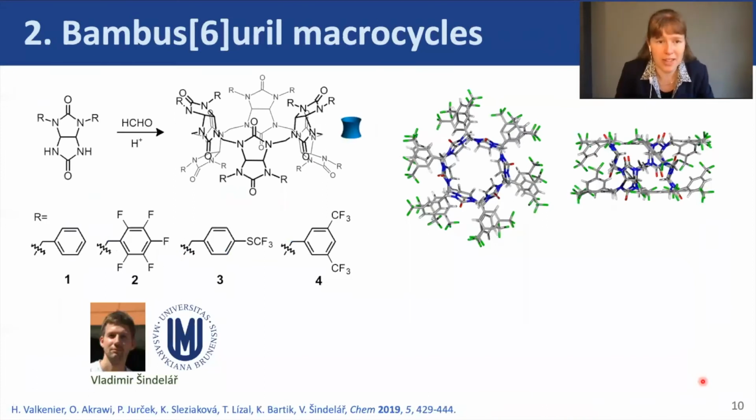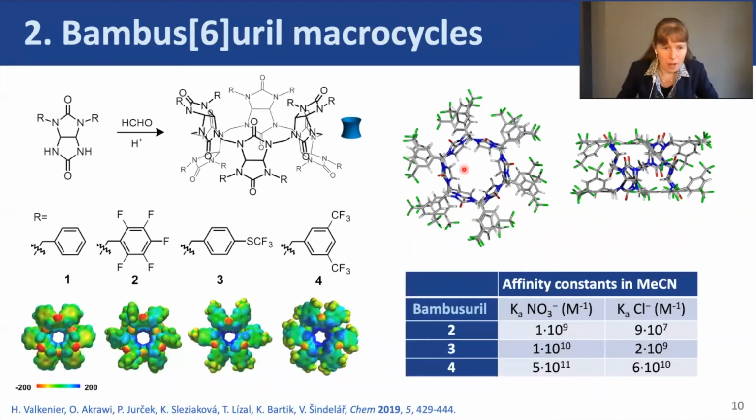This brings me to the second, which is about Bambus uril macrocycles. These Bambus uril macrocycles were developed by Vladimir Sindelaar and his group from Masaryk University in Brno, Czech Republic. And these macrocycles have a very special property. They have 12 hydrogen atoms, methine hydrogens, pointing into this cavity.